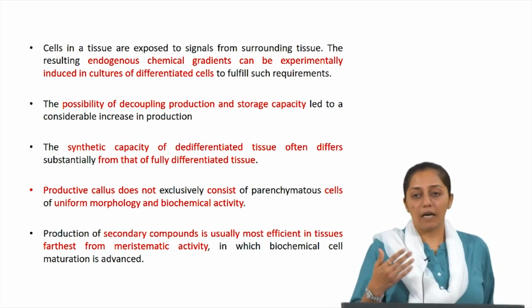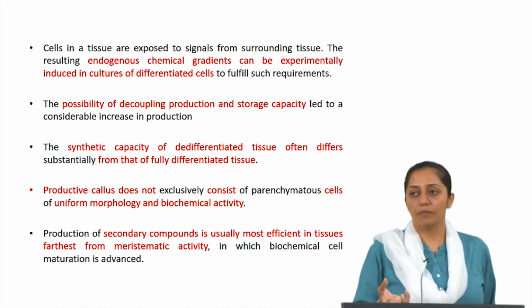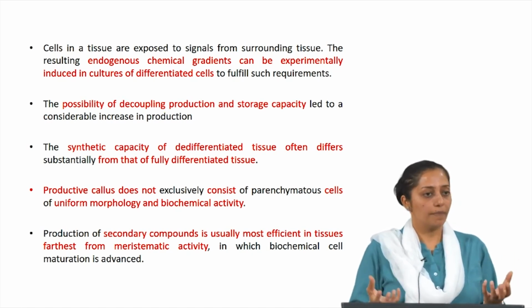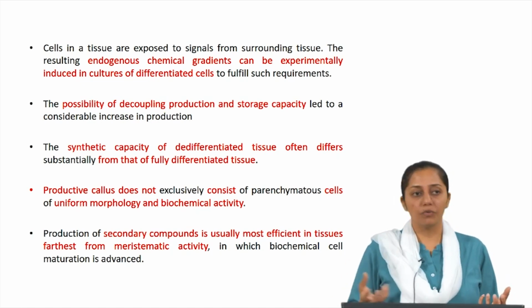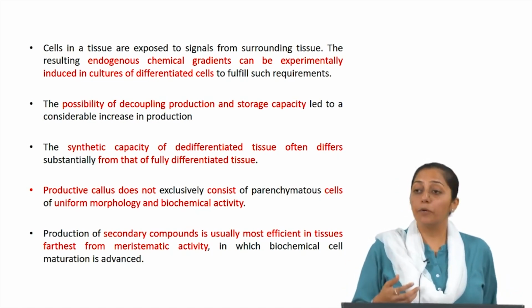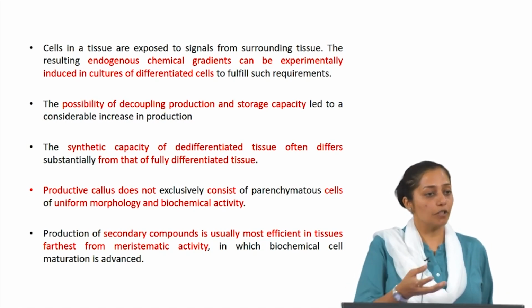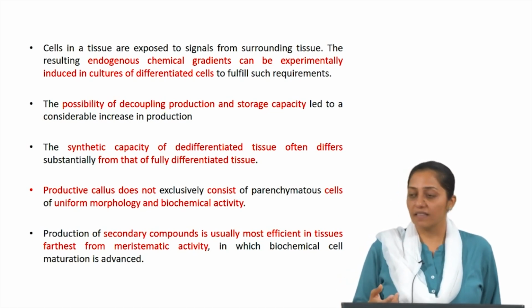So either under in vitro conditions you have resins to absorb the product, or you decouple the production and the transport to the surrounding medium, or you add permeabilizing agents which can reversibly permeabilize the cell for the product to continuously keep coming out as it is getting synthesized.